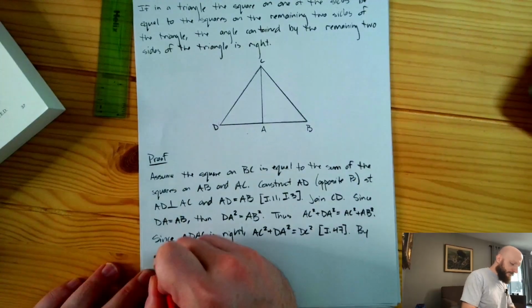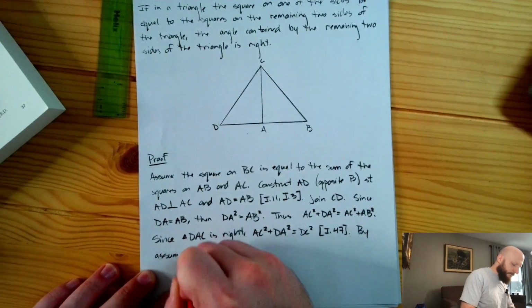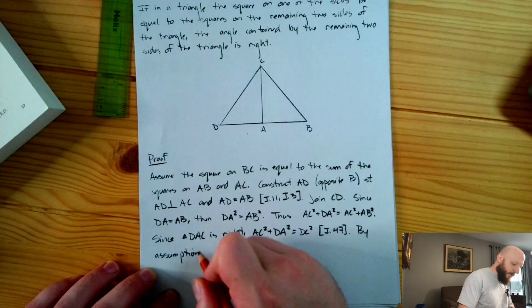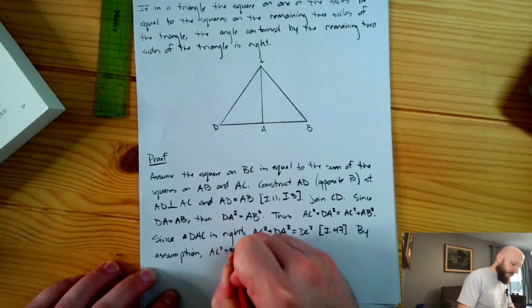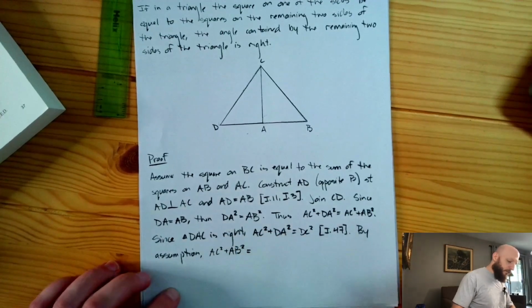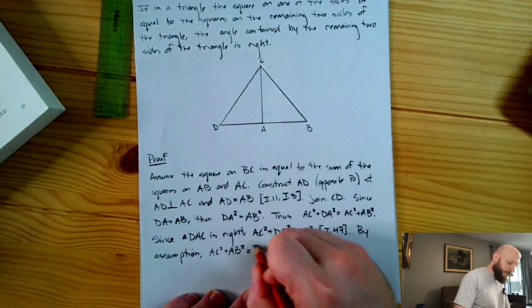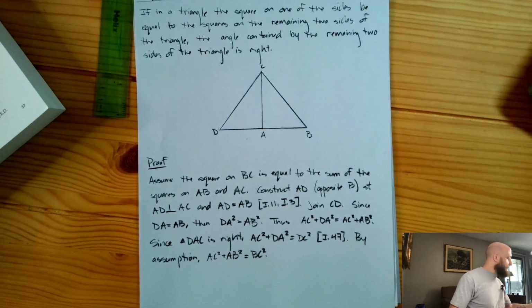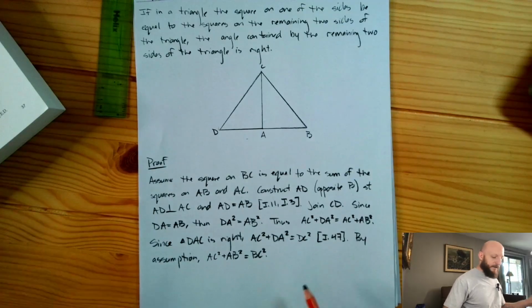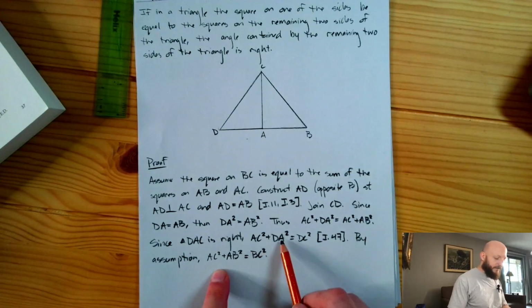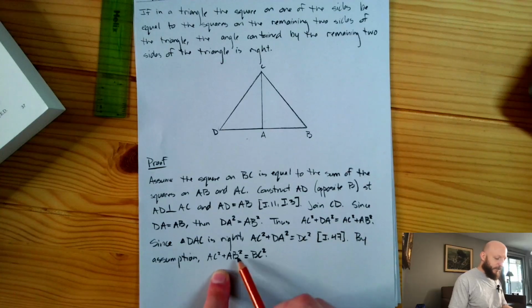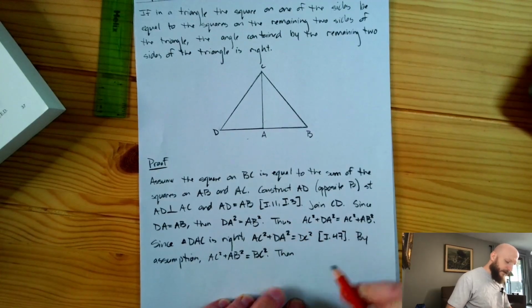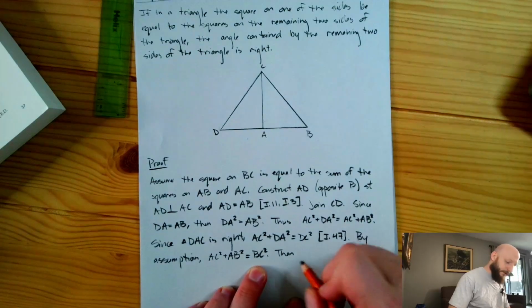So by assumption, we have that AC squared plus AB squared equals BC squared. Well, that means that since AC squared plus DA squared equals AC squared plus AB squared, we get that DC squared equals BC squared.